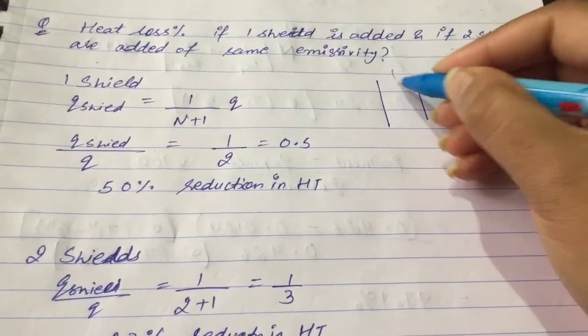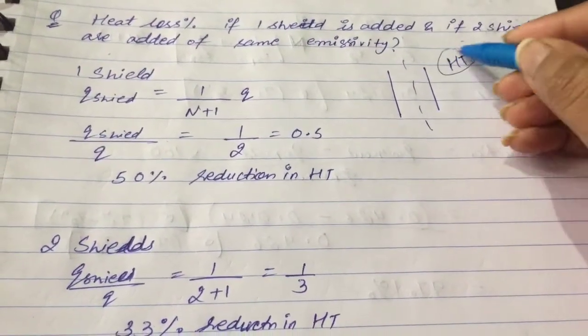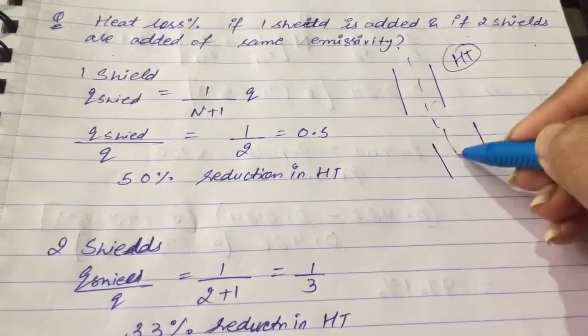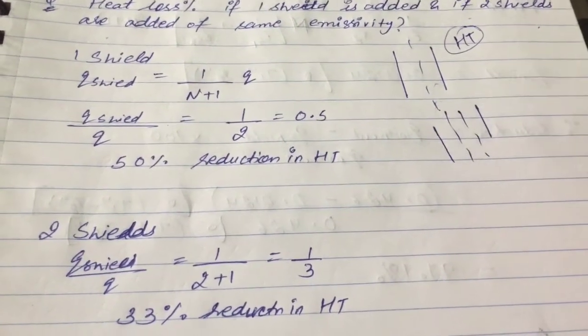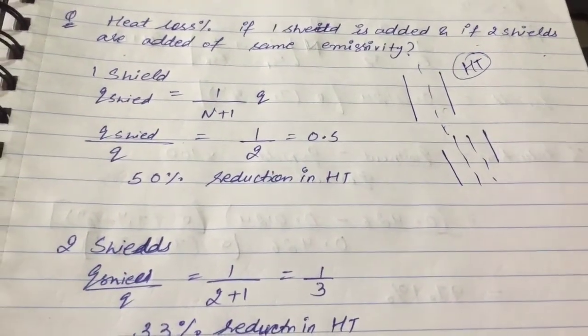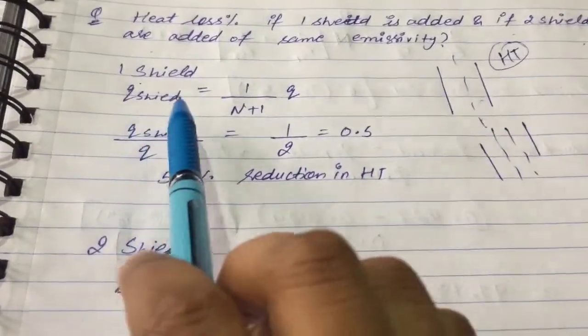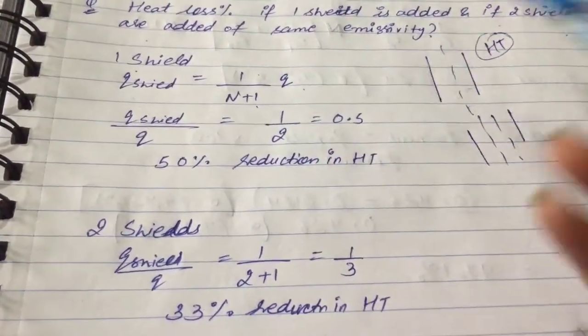Now we have added one plate and we have to calculate the reduction in heat transfer, and after that, for the same emissivity, two shields are added, so we have to calculate the heat transfer reduction in that case. So when one shield is added, we know that Q with shield is equal to 1 by n plus 1 into Q without the shield.